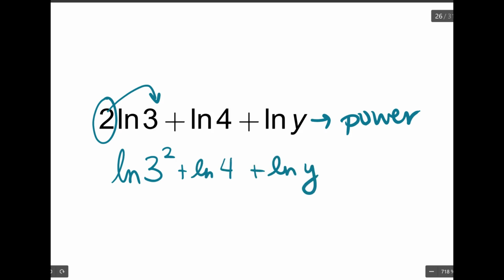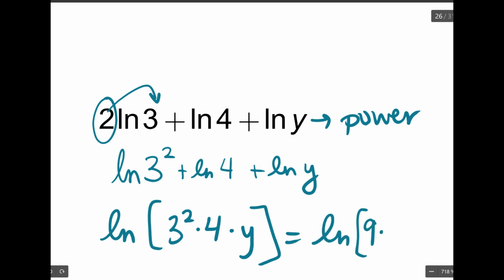So all the logs are being added, which means all of the inside part is going to be multiplied together. When you see addition of logarithms with the same base, you can combine them by multiplying all of the insides together. So this is the same thing as saying ln of 3 squared times 4 times y.